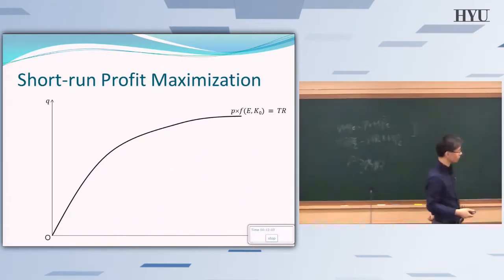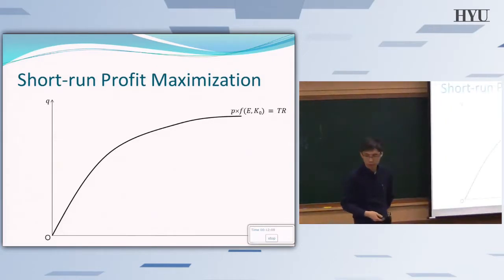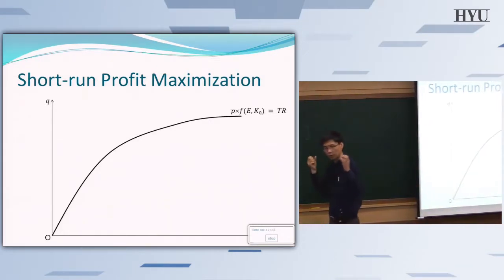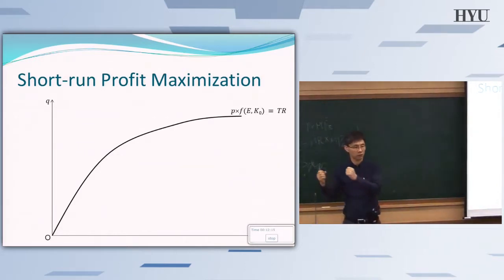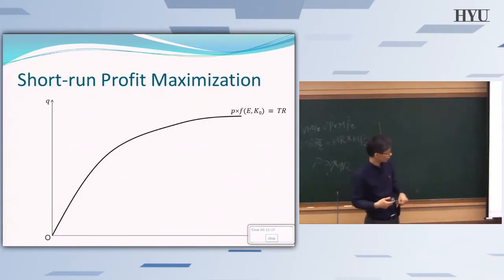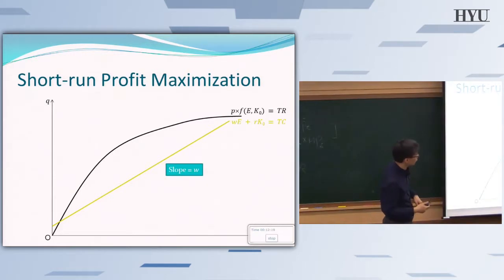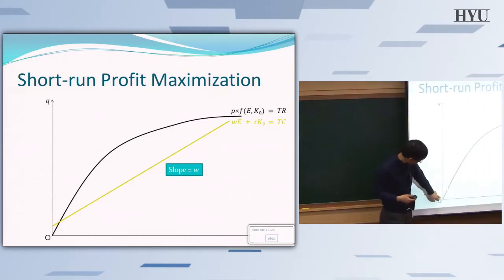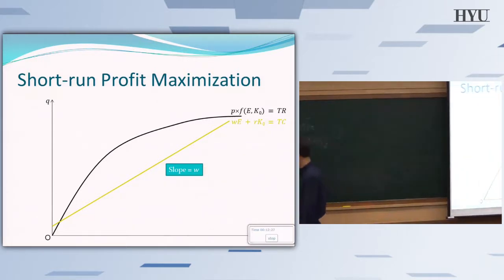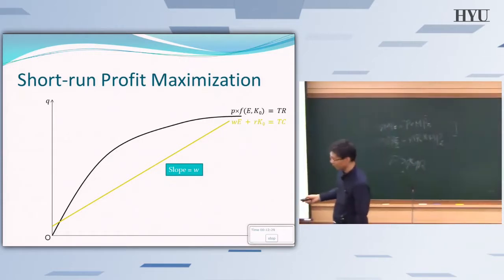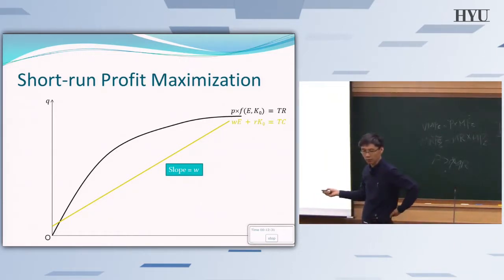And for the cost, we need to think of their total cost. Total cost is obviously the cost of labor plus the cost of capital. In this case, let's assume the cost of capital is fixed because you cannot change it. Even if they don't produce anything, they still have to pay the capital cost.